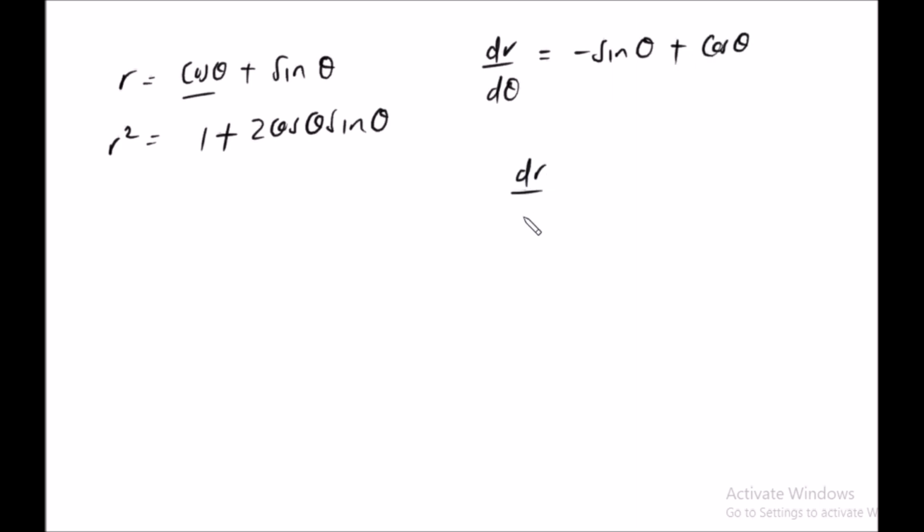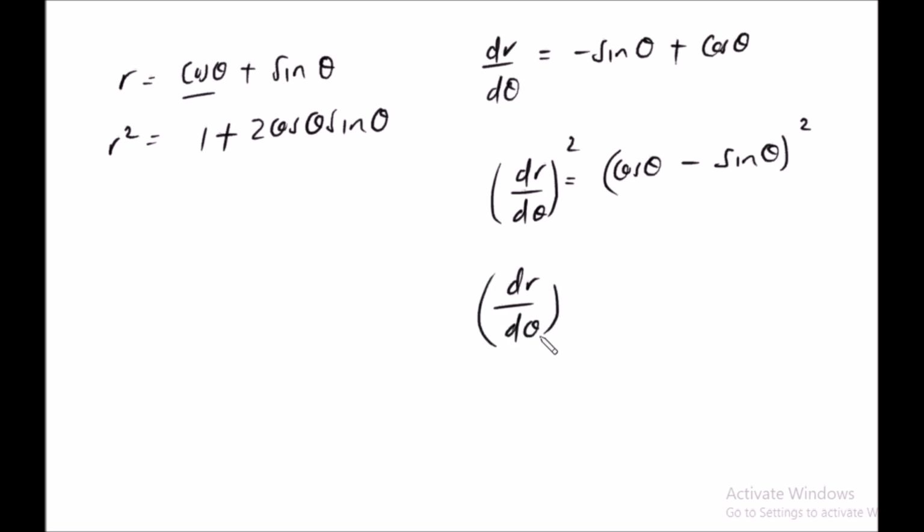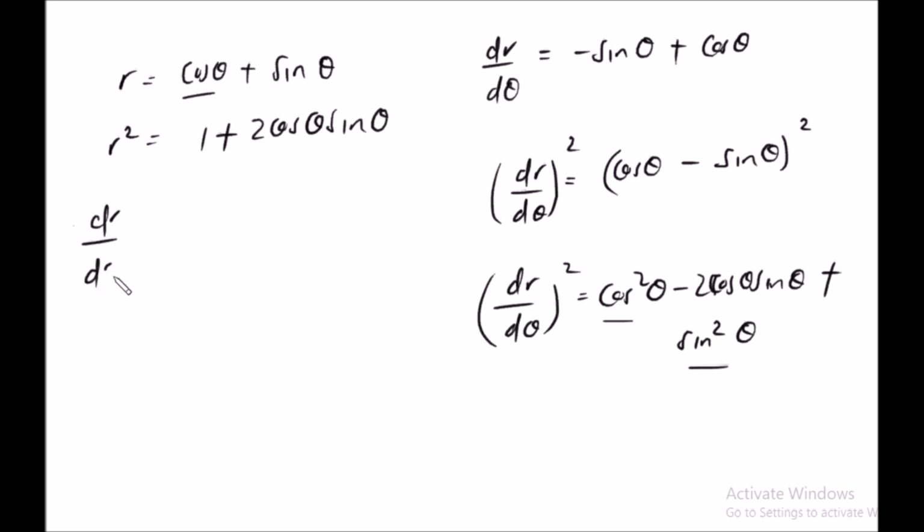So dr/d theta ni sawa na cos theta minus sin theta. So nikisquare both sides huku na huku, my (dr/d theta) squared now itakuwa ni sawa na cos squared theta minus 2 cos theta sin theta plus sin squared theta, ambao cos squared theta plus sin squared theta ni 1. Kwa hiyo huyu (dr/d theta) squared ni sawa na 1 minus 2 cos theta sin theta.